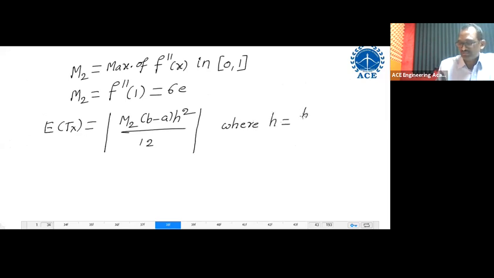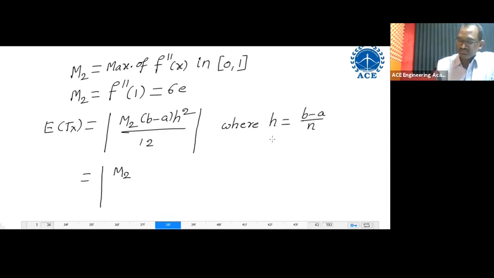Where h is equal to (b minus a) by n. Take h is equal to (b minus a) by n. This is M2 into h value, b minus a.